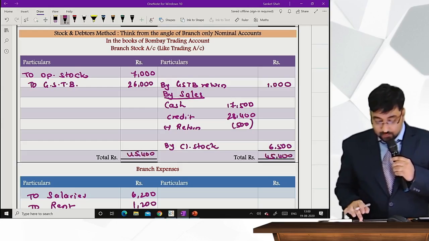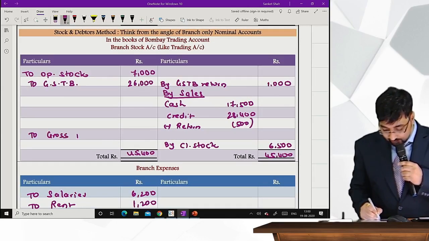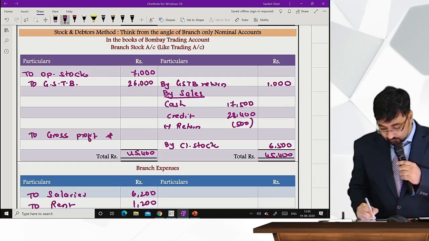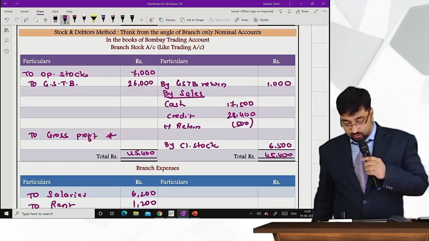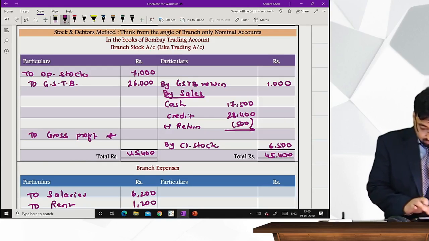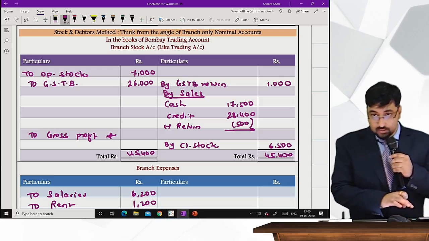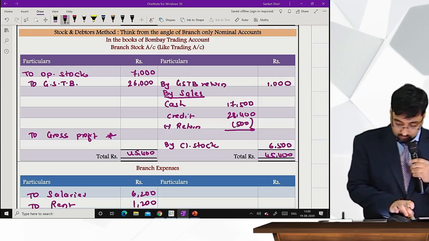This is the last problem at cost. So to gross profit 45,400. What is the total? 17.5 plus 28.4 minus 0.5.